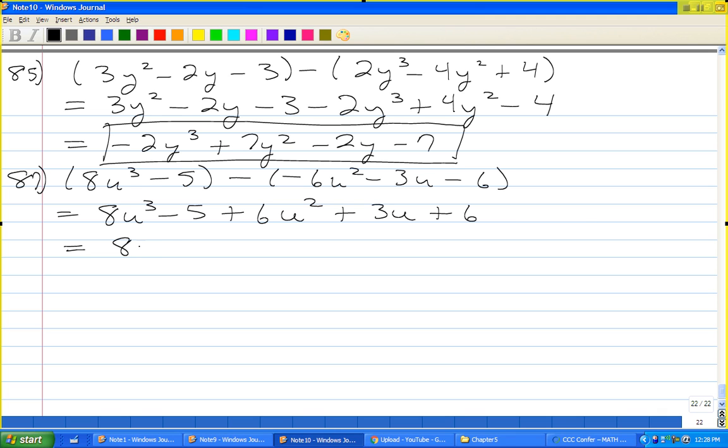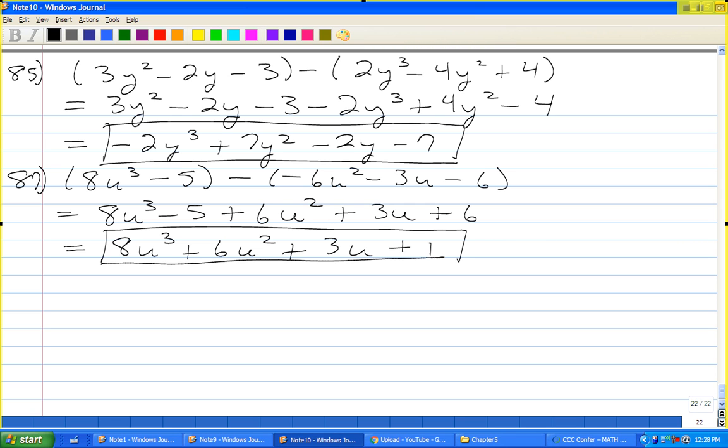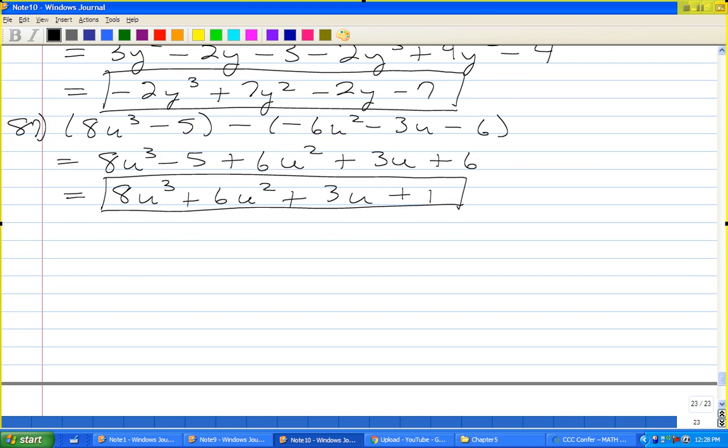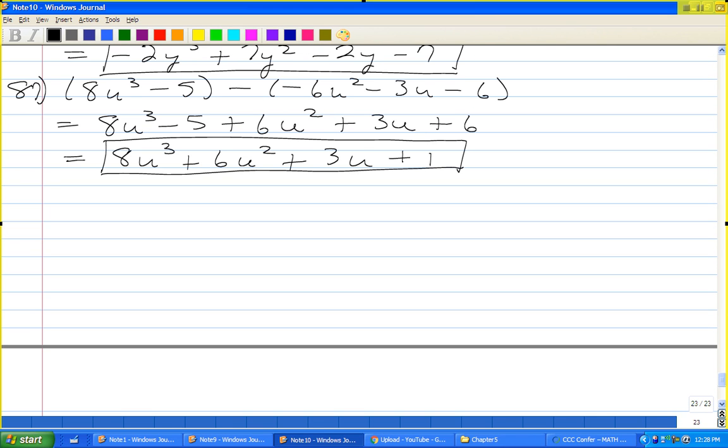So I get 8u to the third plus 6u squared plus 3u. 6 minus 5 is 1. So I've combined all like terms. Almost every term there was not a like term, was unlike.